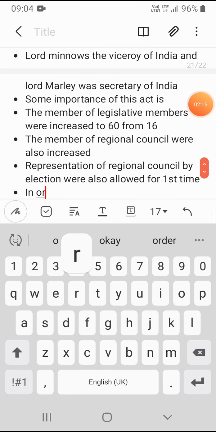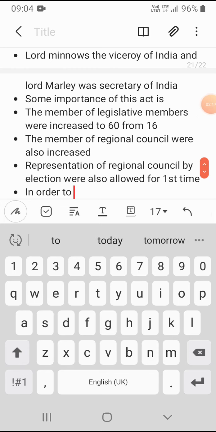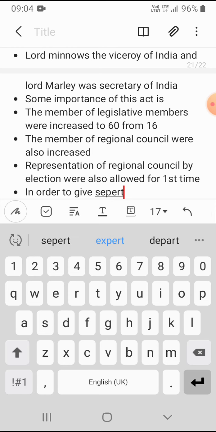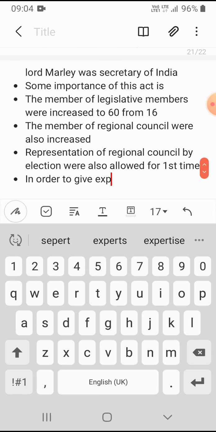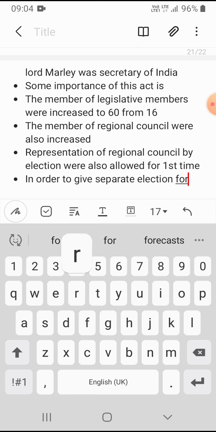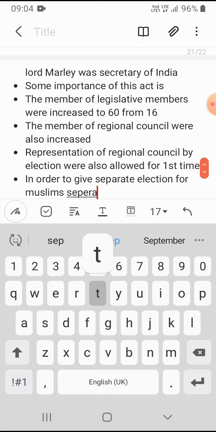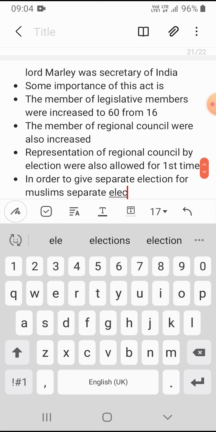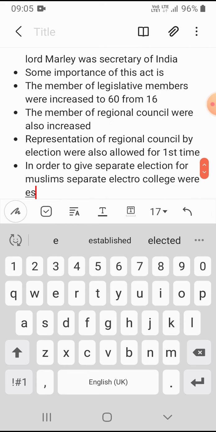In order to give separate elections for Muslims, a separate electoral college was established for them.